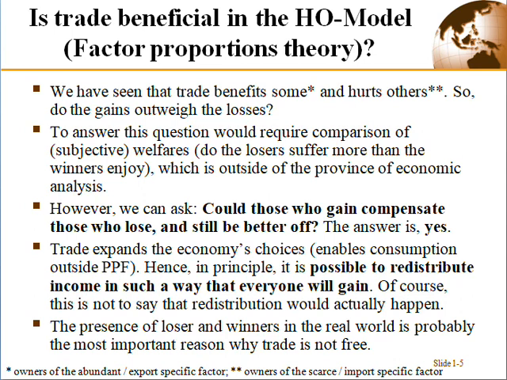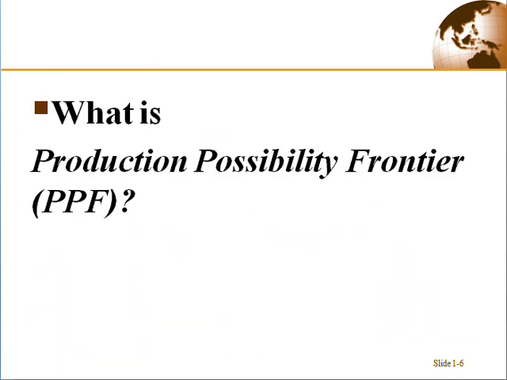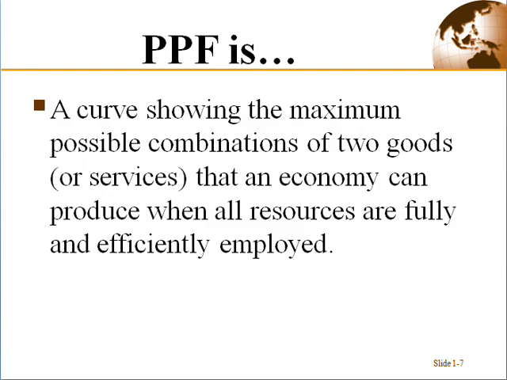Now, that choice is what we try to treat around the production possibility frontier, which is also called the production possibility curve. And what is it all about? It is a curve that shows the maximum possible combination of goods or services that an economy can produce when all resources are fully and efficiently employed.